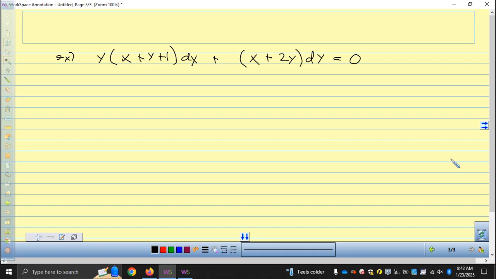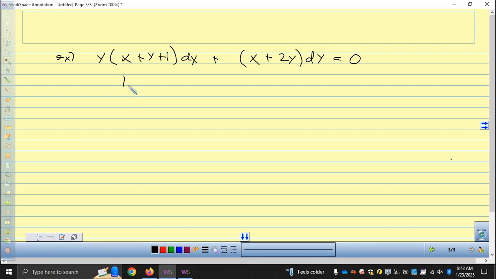So this is in the form of something that maybe could be exact. Often when we see our differential equation in this kind of differential form with these functions in front of our dx and dy, that suggests check if it's exact.